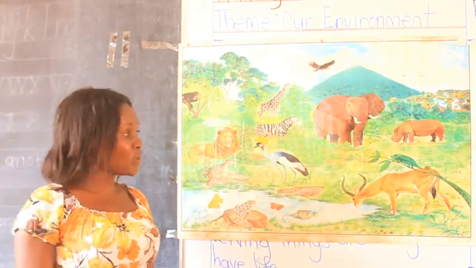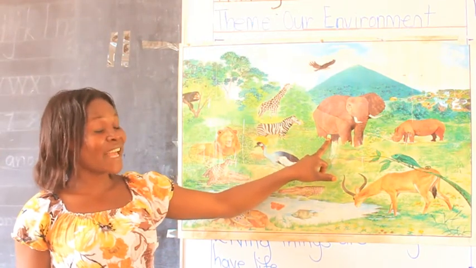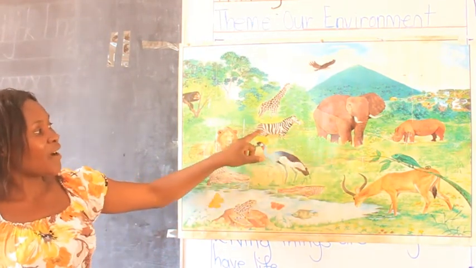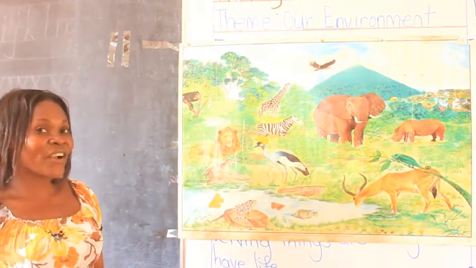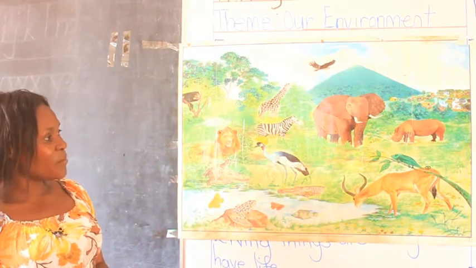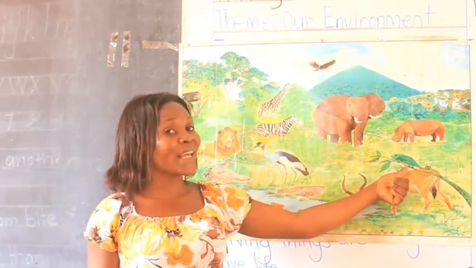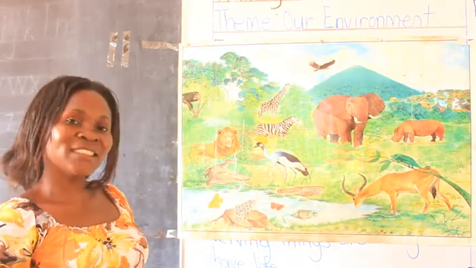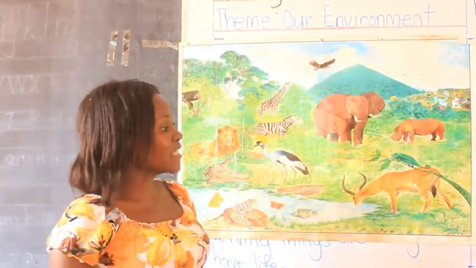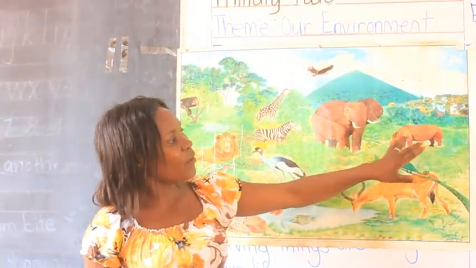It also enjoys water. I hope you can mention this one. This is an elephant. We have the zebra, the giraffe, a crested crane. There are very many things within our environment. We find small animals like a chameleon. We know it for changing colors when it is trying to defend itself. Then we have a kobe, we have a hippo.